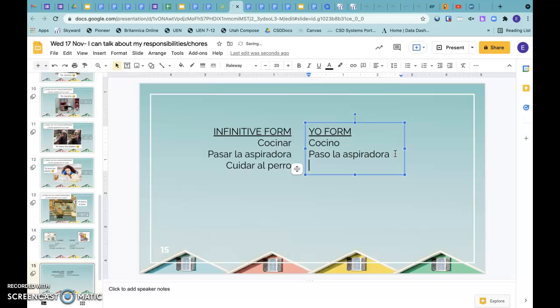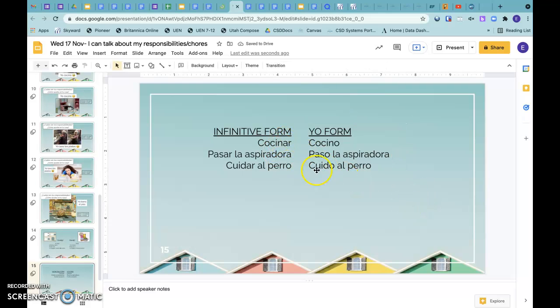Aspiradora. Okay, I spelled it wrong. Okay, so I take care instead of cuidar. We're going to take the AR off, put an O. Cuido al perro. So that's how we're changing it. To cook, I cook. These verbs end in O.